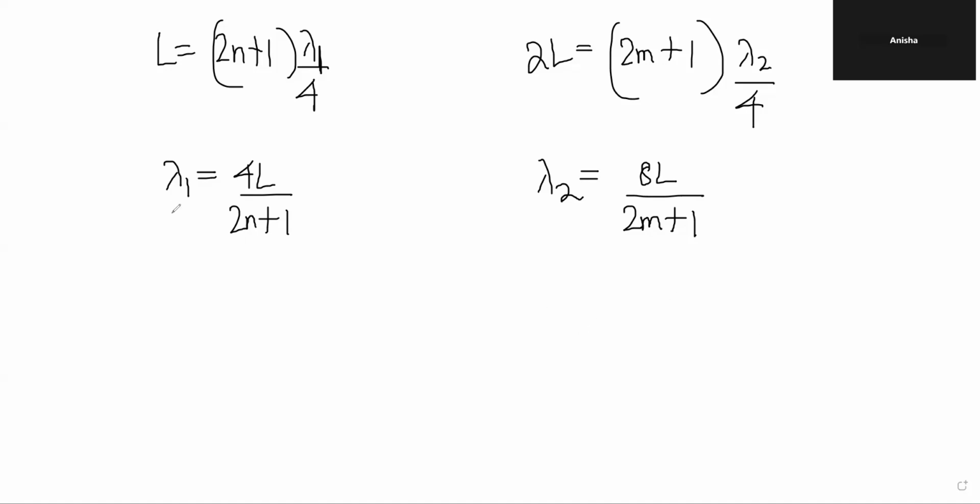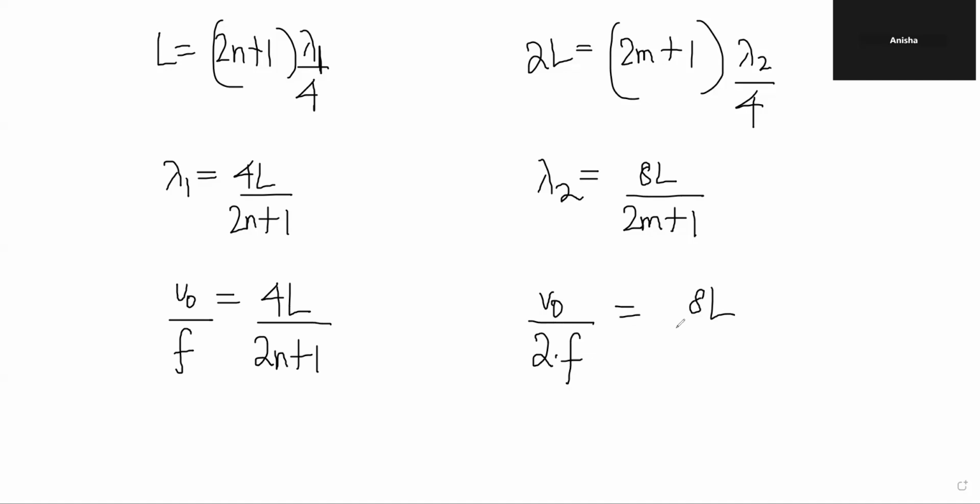And this is velocity by fundamental frequency. So we will say V naught by F is equal to this, and this side it will be V naught by 2 F is equal to this. And V naught by F will replace here, and we'll put a 4L by 2n plus 1.